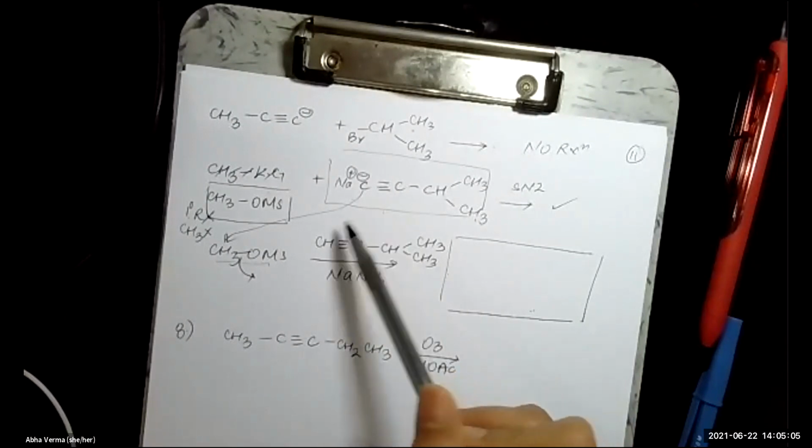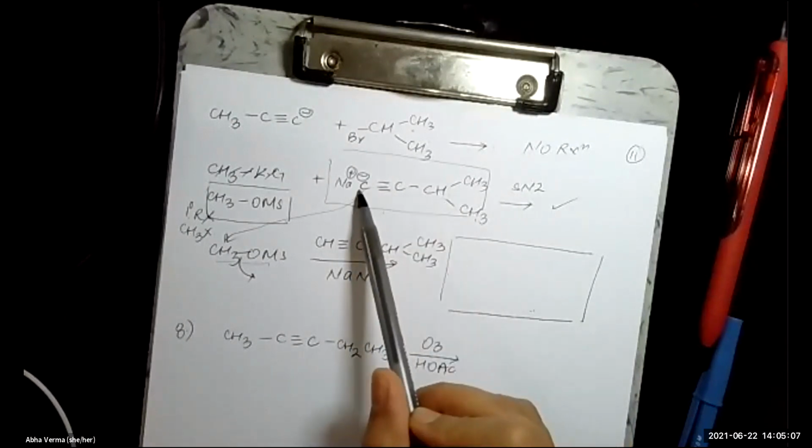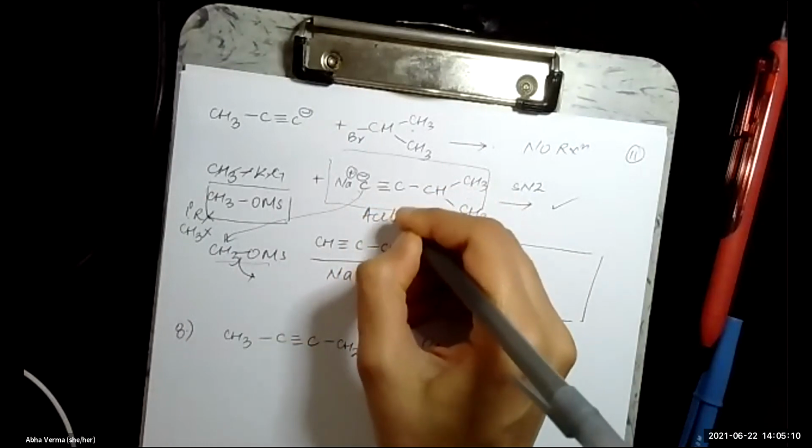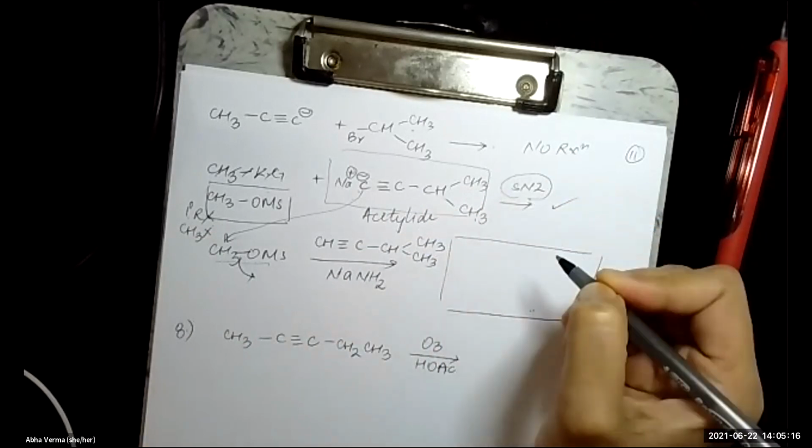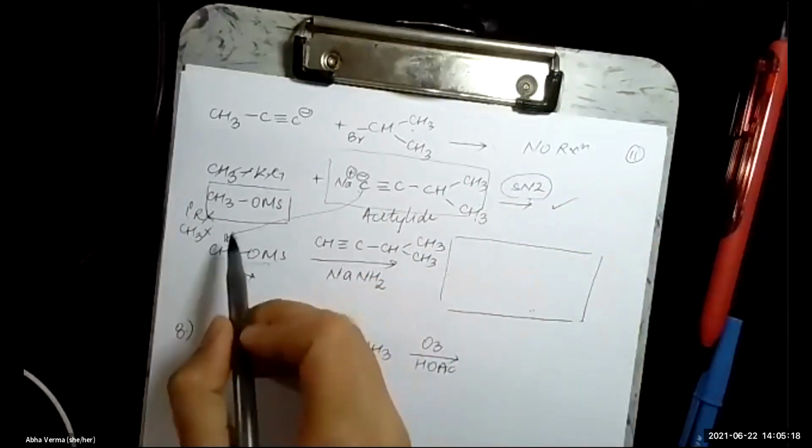And so your triple bonded acetylide could be anything, but the substrate on which you want to attack, because it will follow the SN2 mechanism, you need to make sure there is no bulk on it.